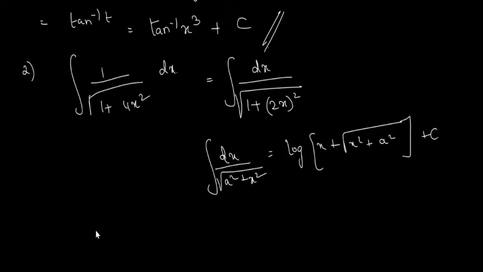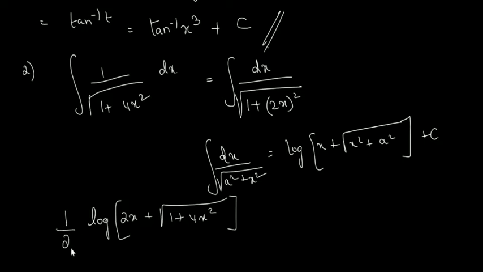So I'll just write that first. So log of, replace x by 2x. So it is 2x plus root of, same thing. You can write the question itself here, 1 plus 4x square. Then the coefficient of x is 2, divide by 2. Then plus c. So this is one method of doing it.